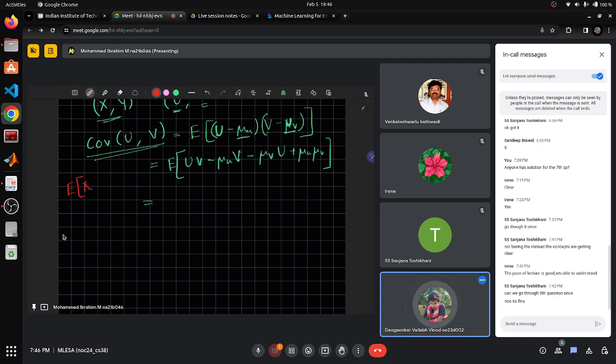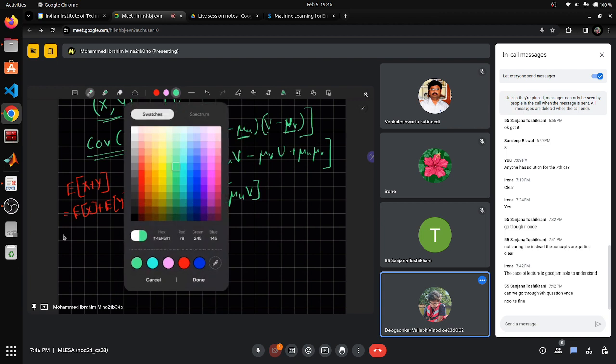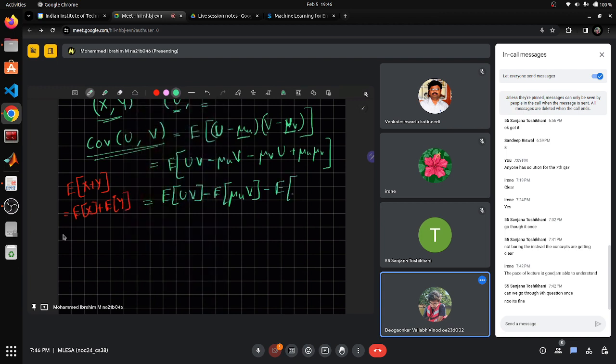Okay, and now this is another expectation rule, so I will put it down here. Expectation of x plus y is simply equal to expectation of x plus expectation of y. So that ends up giving us this expression being written as expectation of uv minus expectation of mu u into v, minus again expectation of mu v into u, plus expectation of mu u mu v.